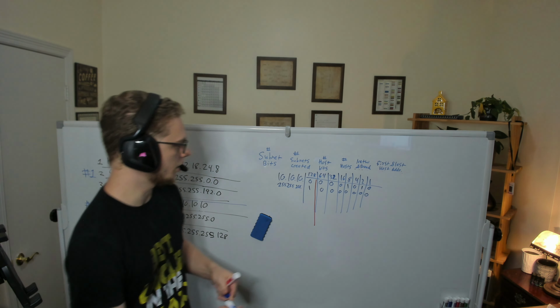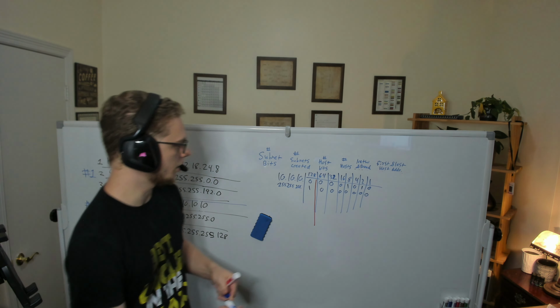I'm going to keep using the red marker because I like it. So subnet bits, we've only borrowed one subnet bit, this 128. I'm going to put 1 here, but I'm going to put that in little parentheses because in reality we have 8, 16, 24, 25 total subnet bits.